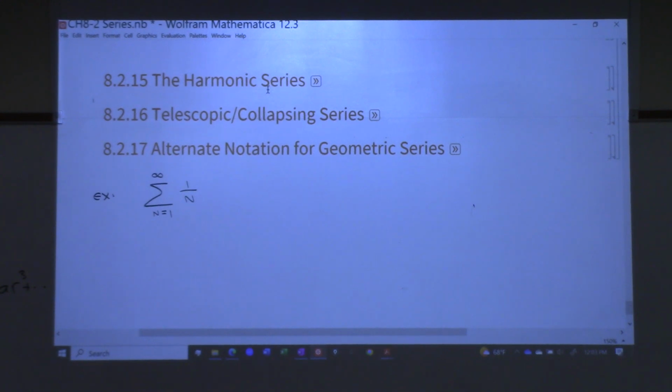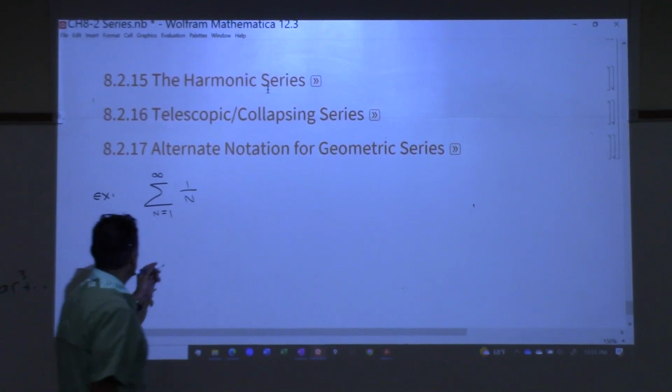So why is this not geometric? With geometric, you have to have a number raised to a power, and the n is up in the exponent, isn't it? Here, the n is just the denominator, right? It's not in the power of something. And so this already cannot be written as geometric. So what is the series? Let's just start plugging numbers in.